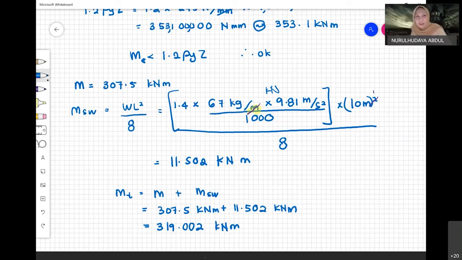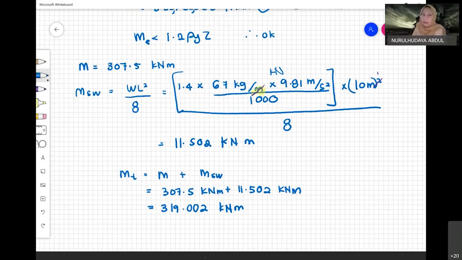Okay, so ini adalah final answer kita for total moment ya. So total moment ni what we need to do, kita compare lah. Total moment ni moment daripada loading and also daripada self-weight. It must be smaller than MC baru dia okay.